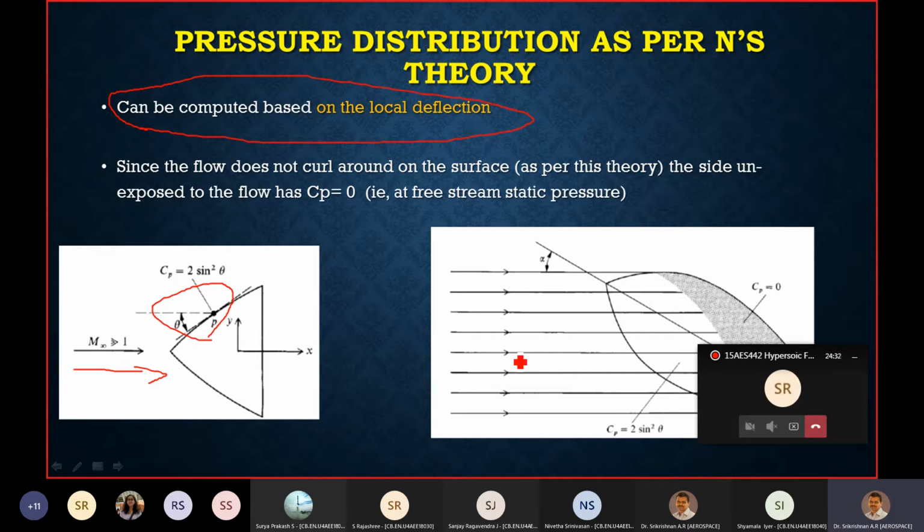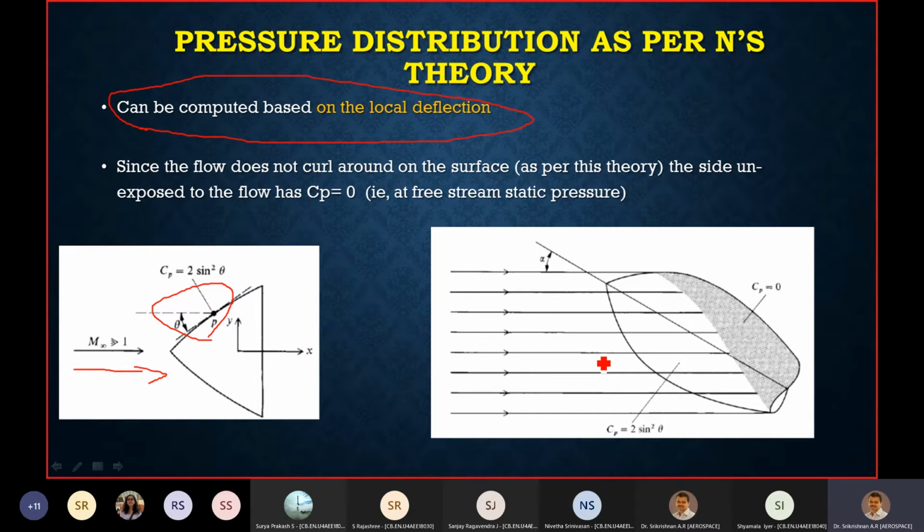And now the same theory extends and says that when you have this kind of approximation, that is, on impingement the flow loses its normal component and becomes fully tangential. It also implicitly says that it cannot curl around the body, which in turn means that the force is experienced only on the face where the flow is hitting.